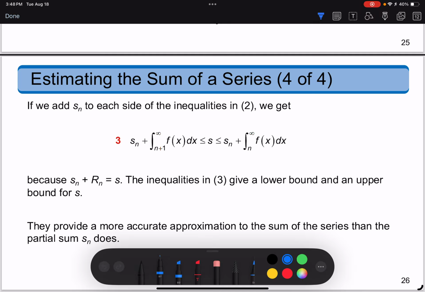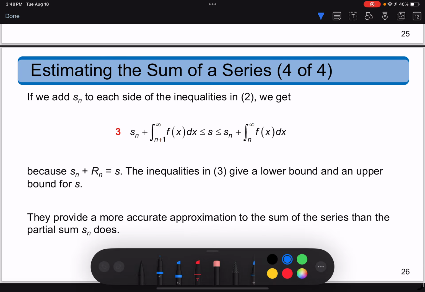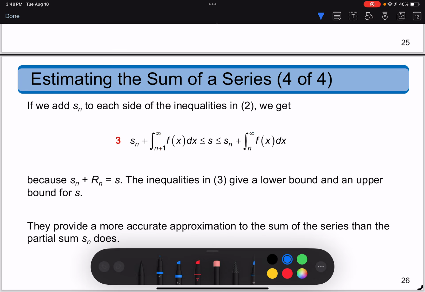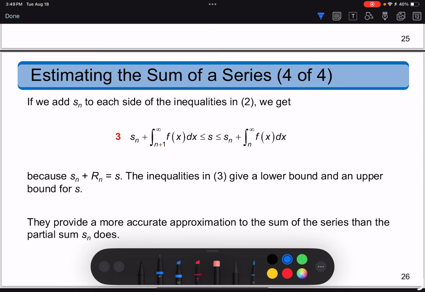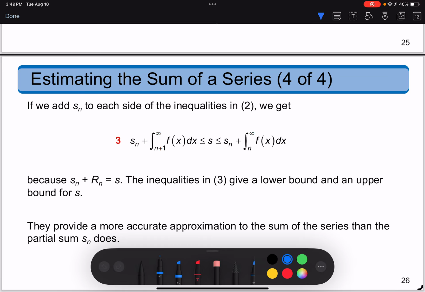Because s sub n plus r sub n is equal to s, the inequalities in 3 give a lower bound and an upper bound for s. So they provide a more accurate approximation to the sum of the series than the partial sum s sub n does. So that's all for the integral test.